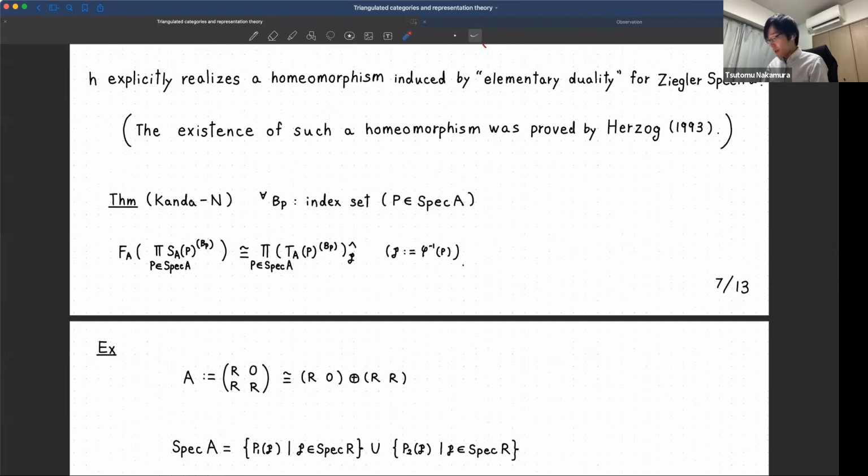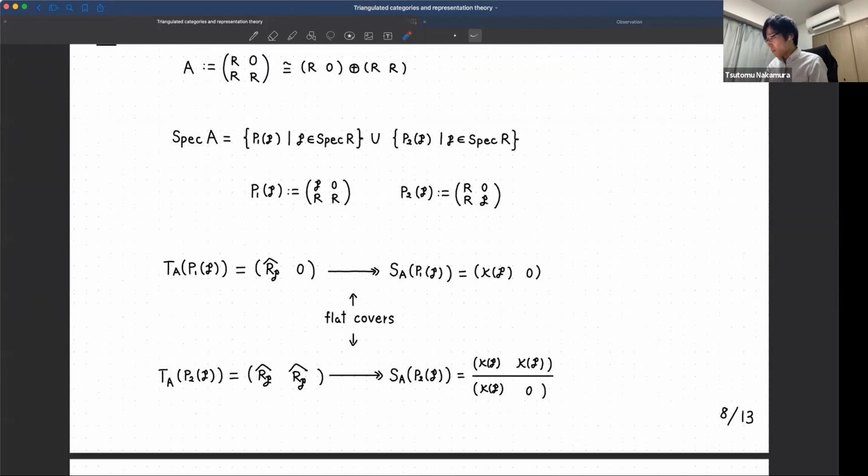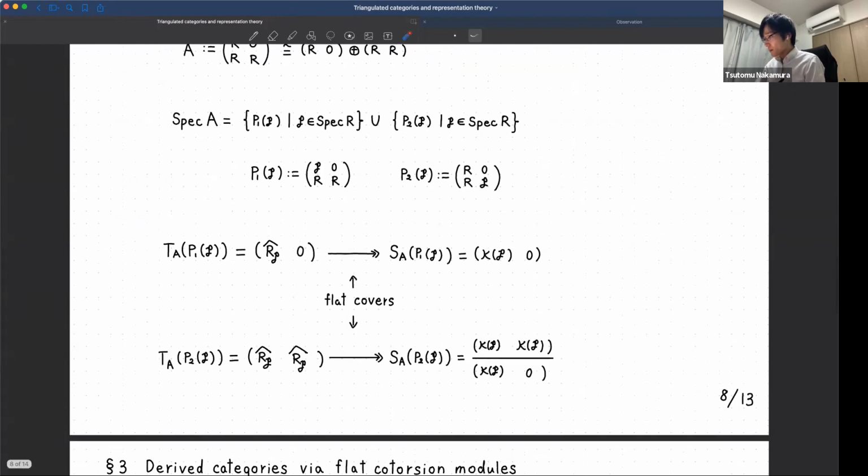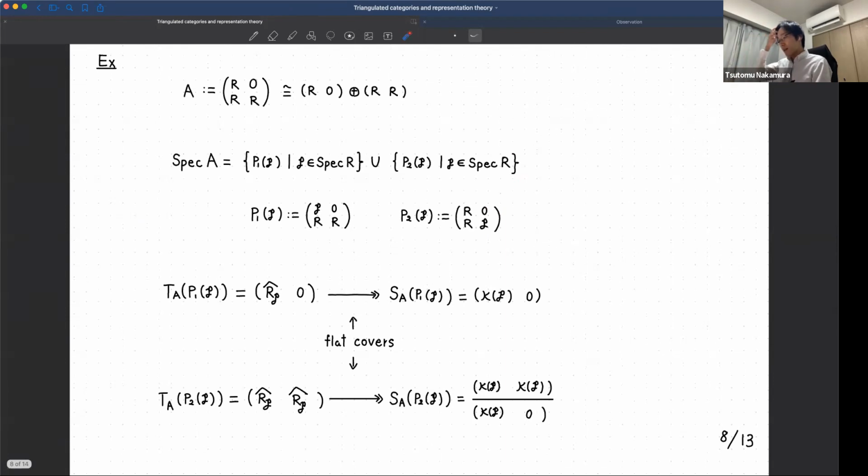Okay, then let me give an example of a Noether algebra and describe some indecomposable flat cotorsion modules and flat covers. So let A be the lower 2 by 2 triangular matrix ring over R, where R is an arbitrary commutative Noetherian ring.